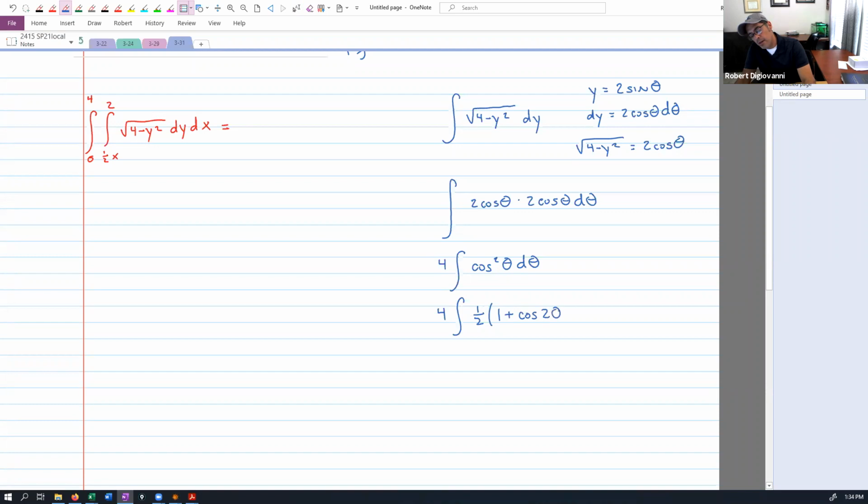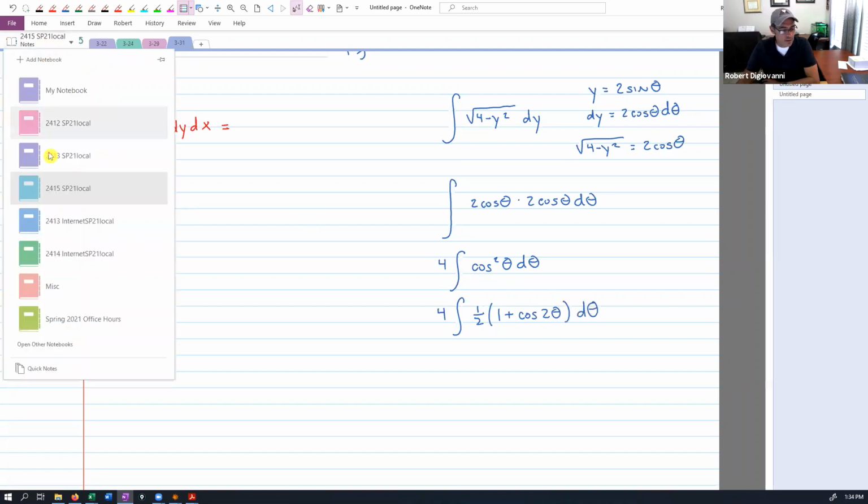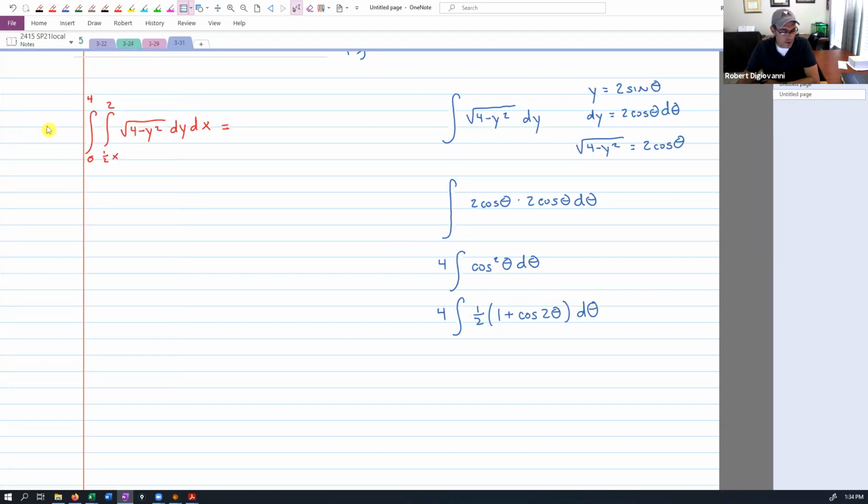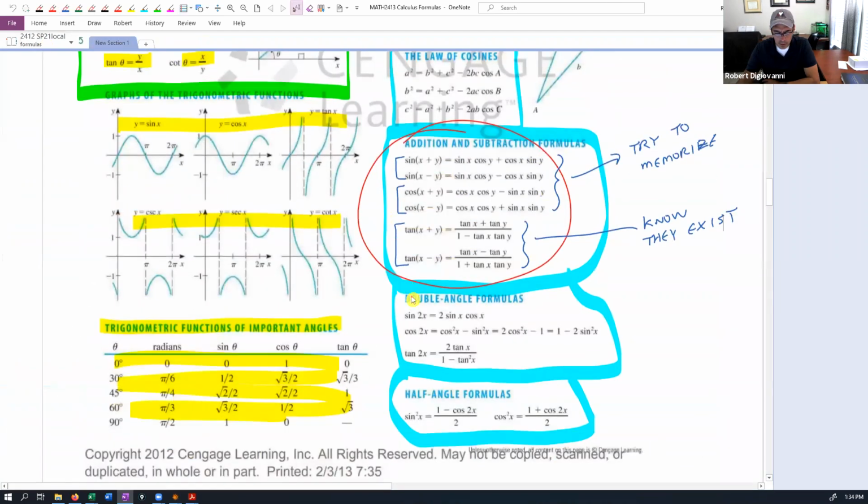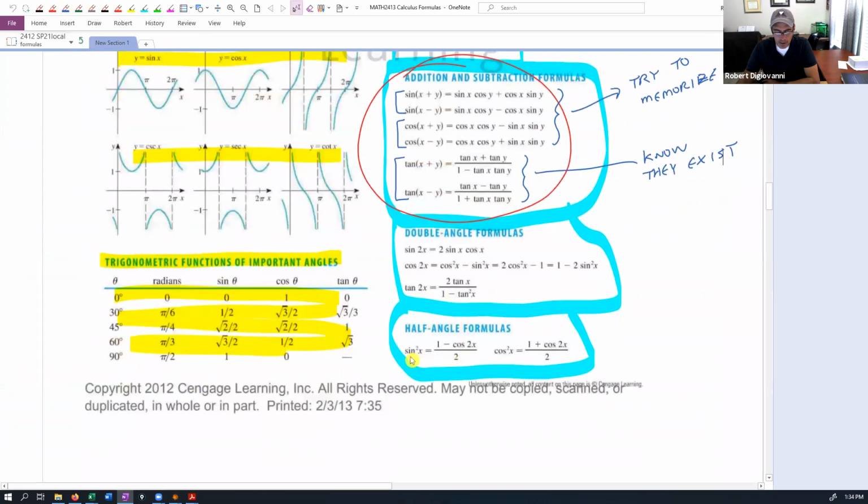Cosine 2 theta, d theta. That's a half angle identity. I think that one's on your formula sheet. Cosine squared of theta would be 1 plus cosine 2 theta over 2.